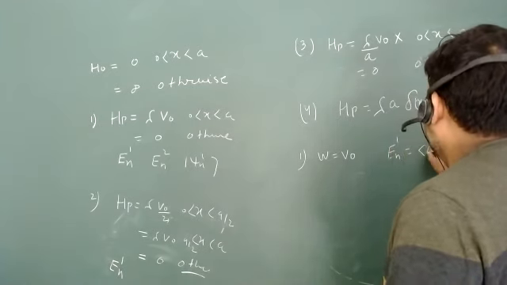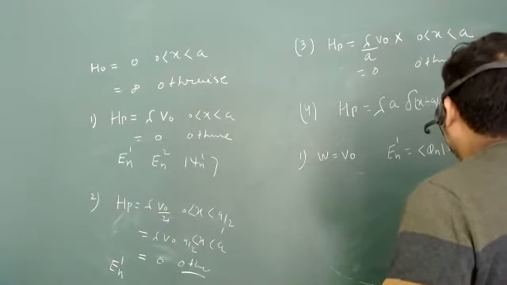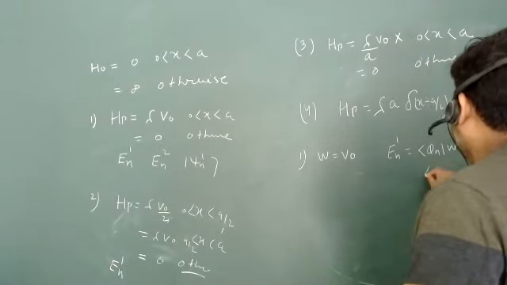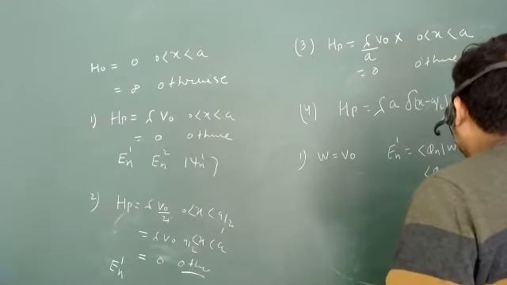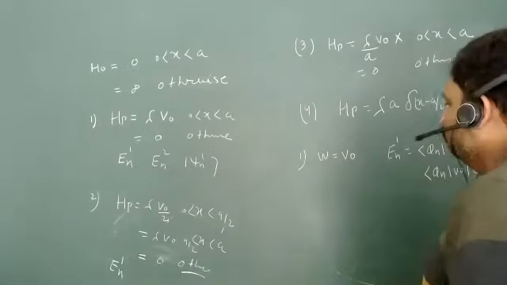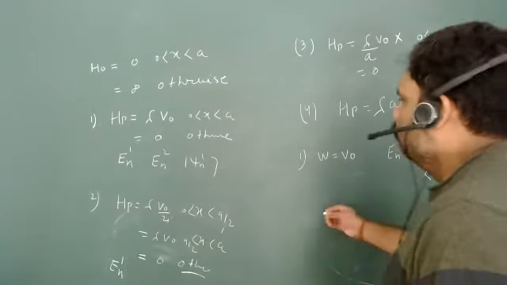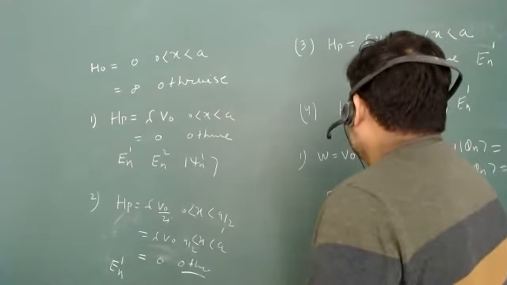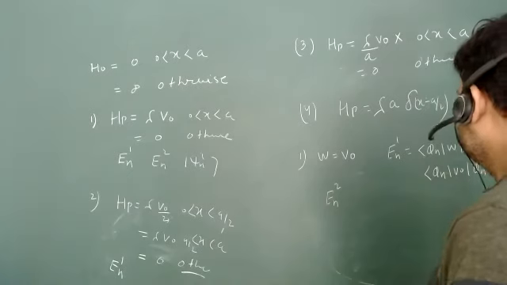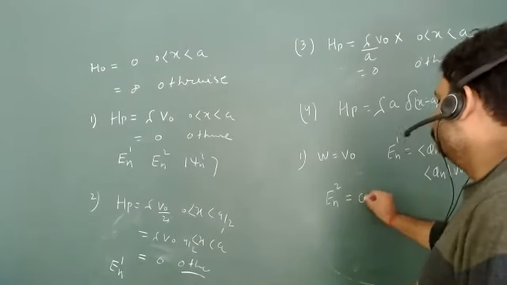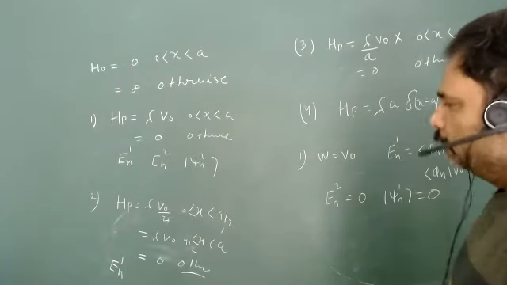En1 is phi n W phi n, that is V naught. So it should be a constant value. And what about En2? It is 0. What about psi n1? That should also be 0.